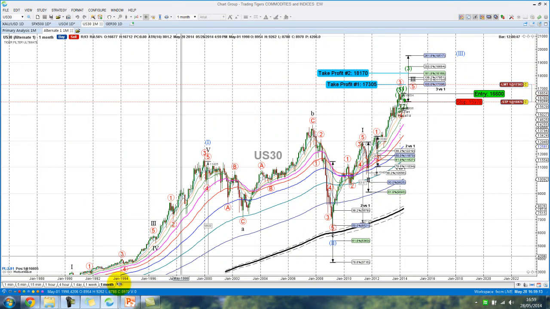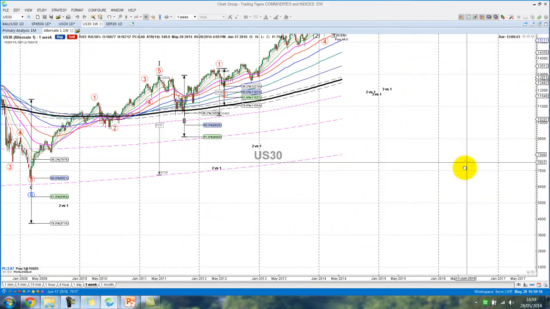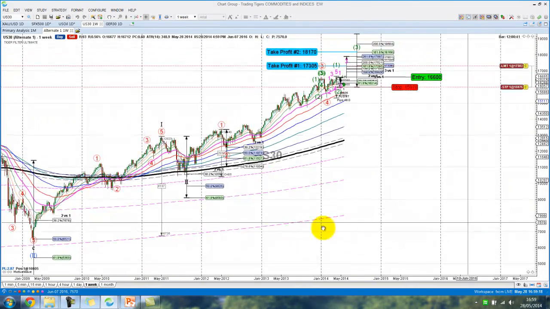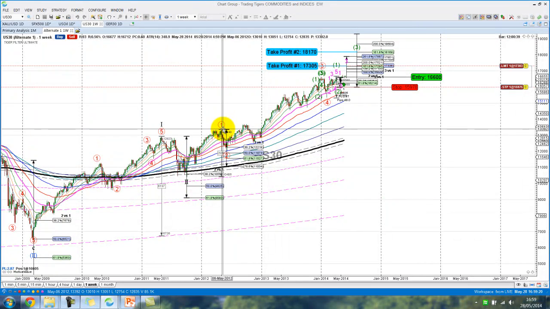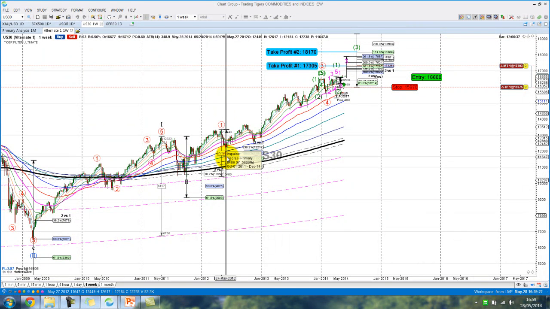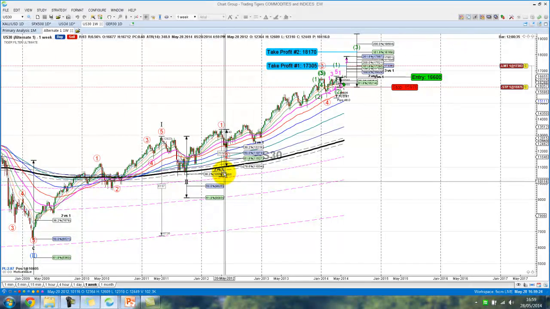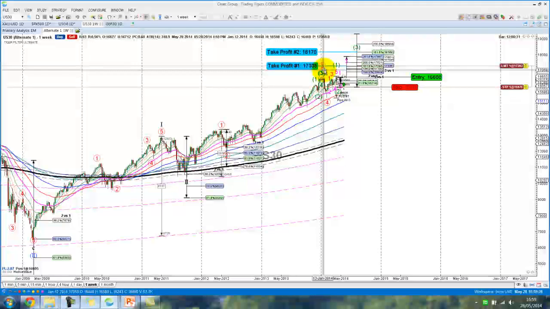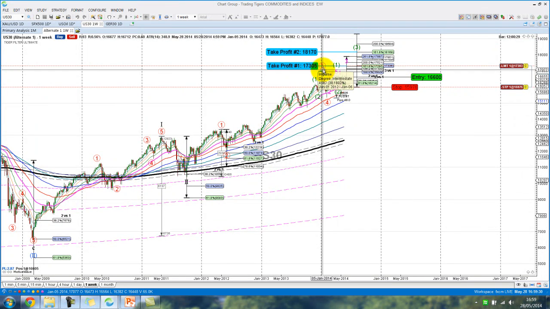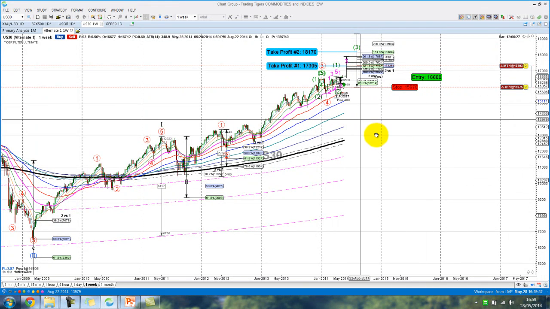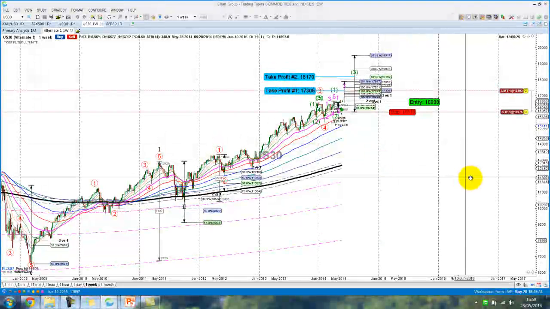The subwaves of that are the primary degree, in red and in circles, and as you can see, wave 1 completed, wave 2 at this low, hitting the various levels. I think that hit a 50% level. Wave 3 completed at the high of 12th of January 2014, then wave 4, and so we're in a wave 5 of a primary degree.